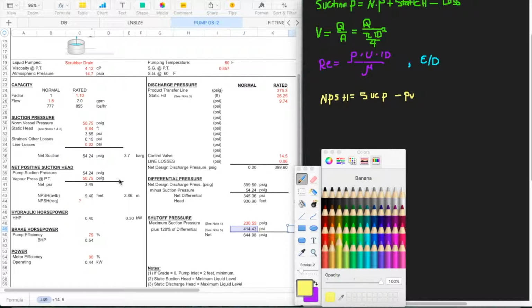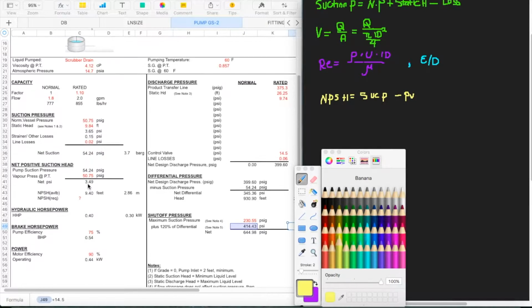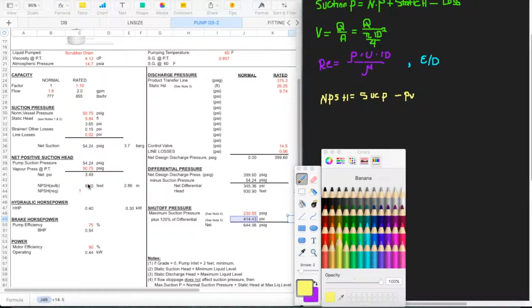Vapor pressure of the liquid is given to us, and we already calculated the suction pressure. So net positive suction head is this value, and we can change it to head, based on feet or based on meter.